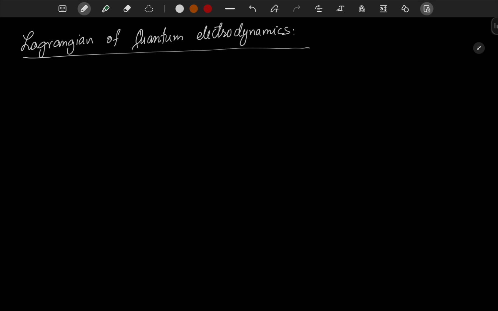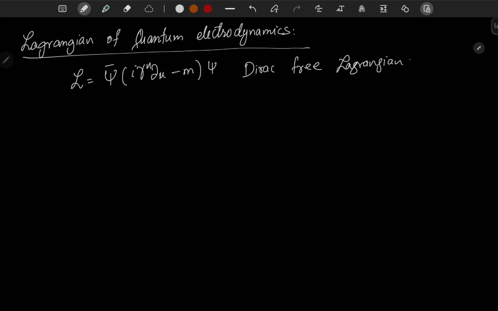Okay, so this is the Dirac free Lagrangian, and this is our starting point. This Lagrangian is invariant under a global phase transformation if psi transforms like this.